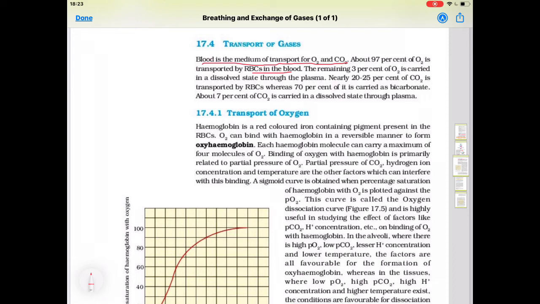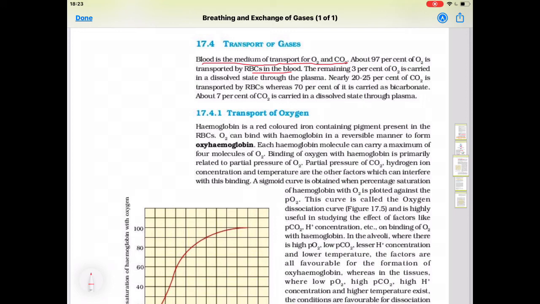The remaining 3% of oxygen is carried in a dissolved state through the plasma. So, out of the 100%, 97% is carried by RBC and only 3% is carried by the plasma in dissolved form.